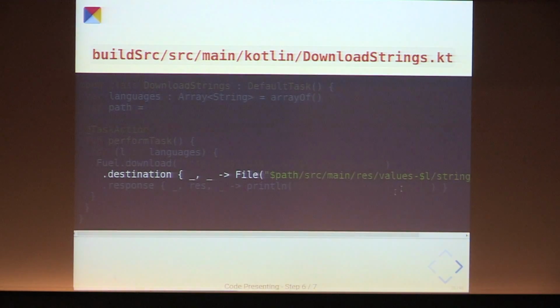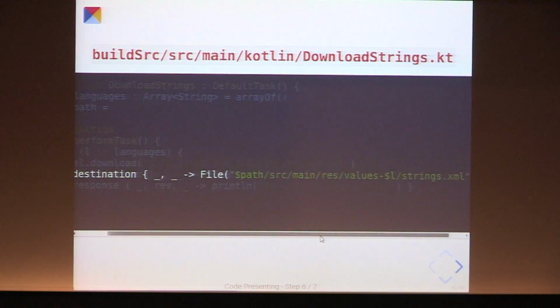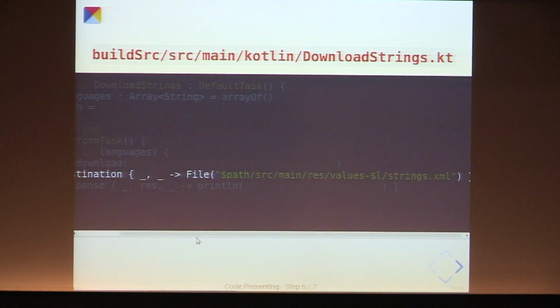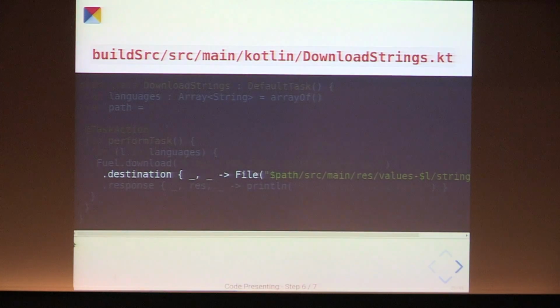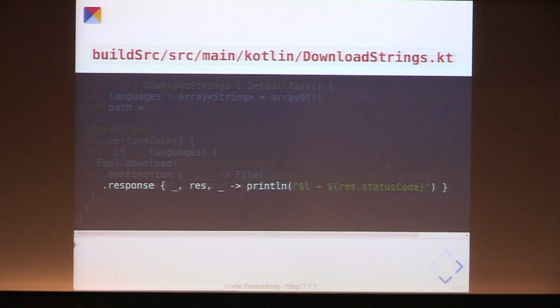We're going to just define the destination, based on the path of the project, we generate the correct path: path/source/main/res/values-language/strings. And then in the response, we're going to just print the status code of the request.